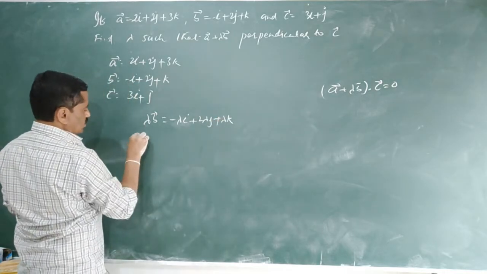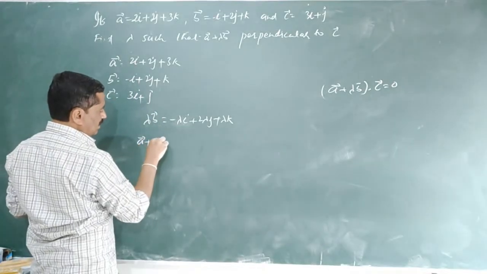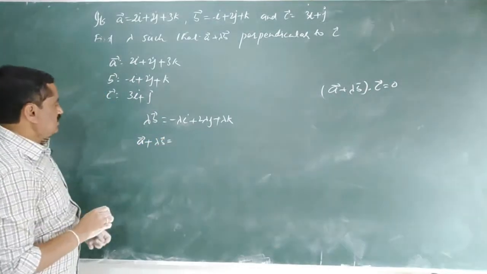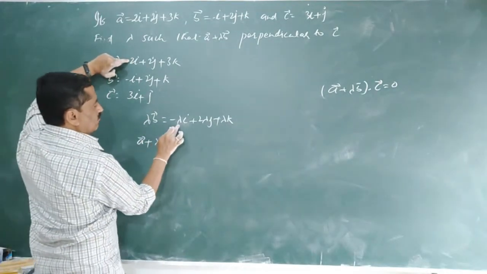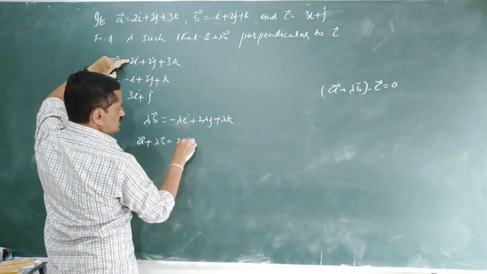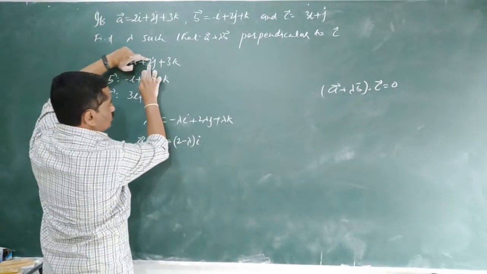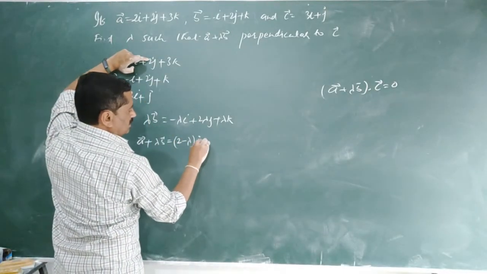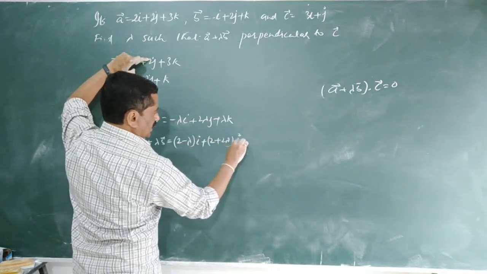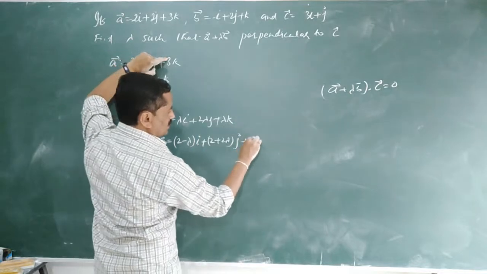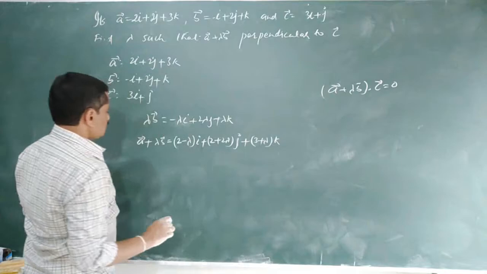Again add this with vector a, therefore a bar plus lambda into b bar is equals to, adding, here 2 plus of minus lambda, that is 2 minus lambda of i, again we have 2 plus 2 lambda of j, again 3 plus lambda of k. Okay, so now we have this value.